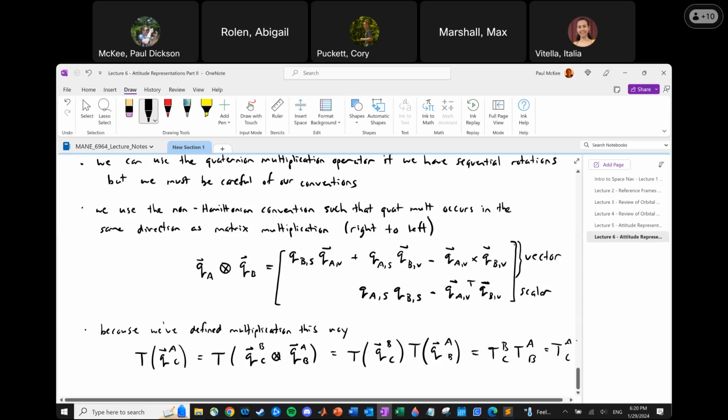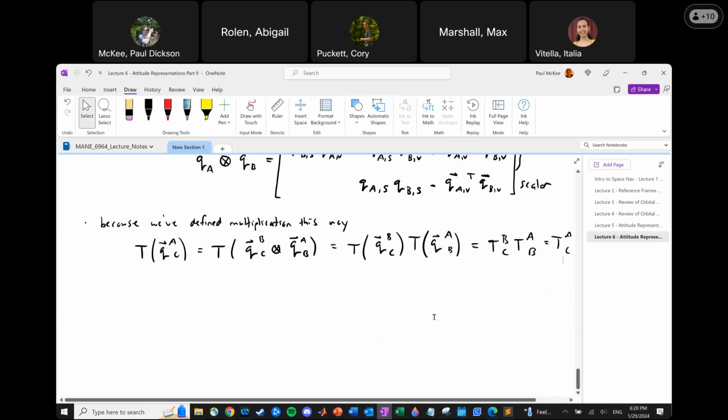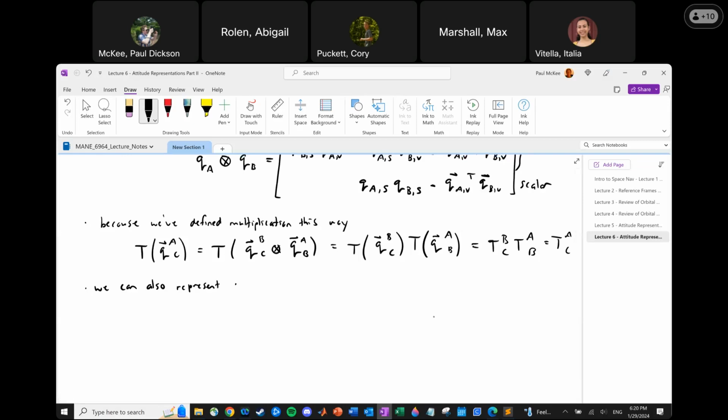So last idea, we can also represent quaternion multiplication in this way.